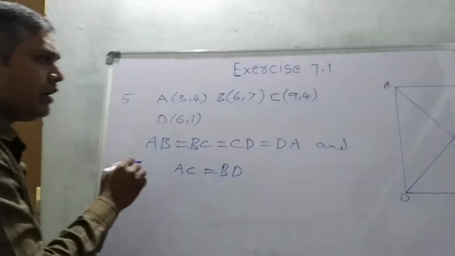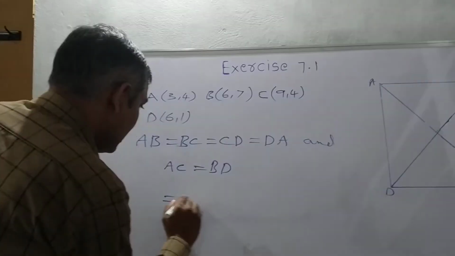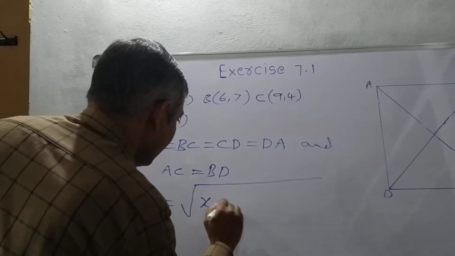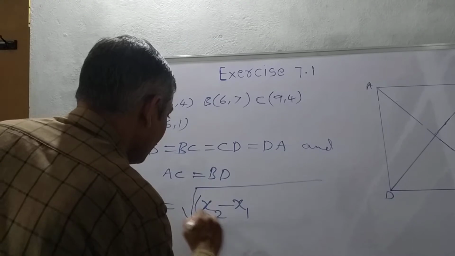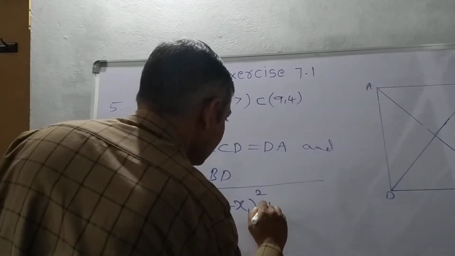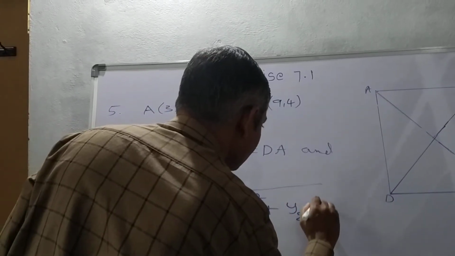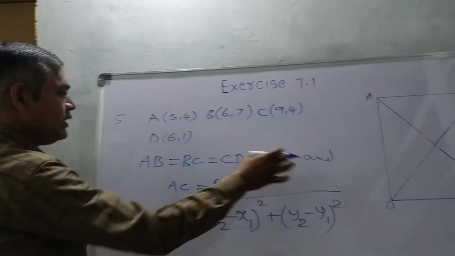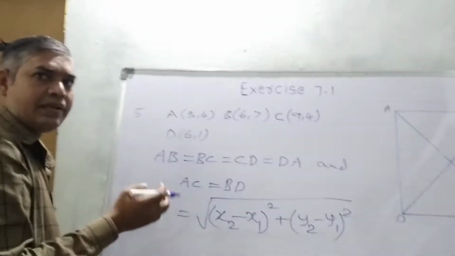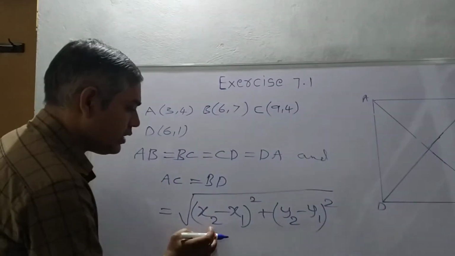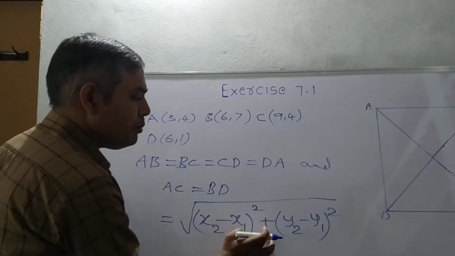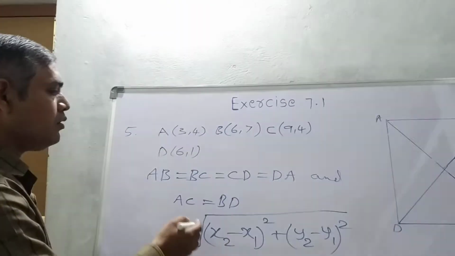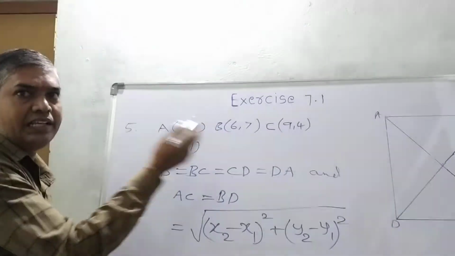Once again, I am writing the distance formula: the distance between any 2 points is under root of x2 minus x1 whole square plus y2 minus y1 whole square. With the help of this formula, we are going to find all the distances.